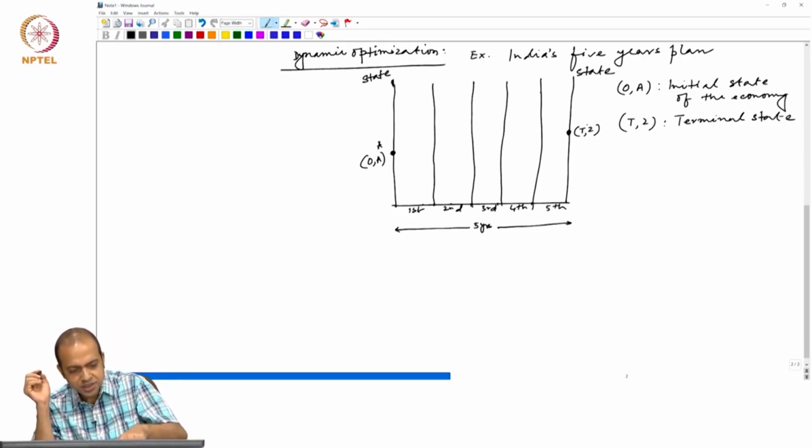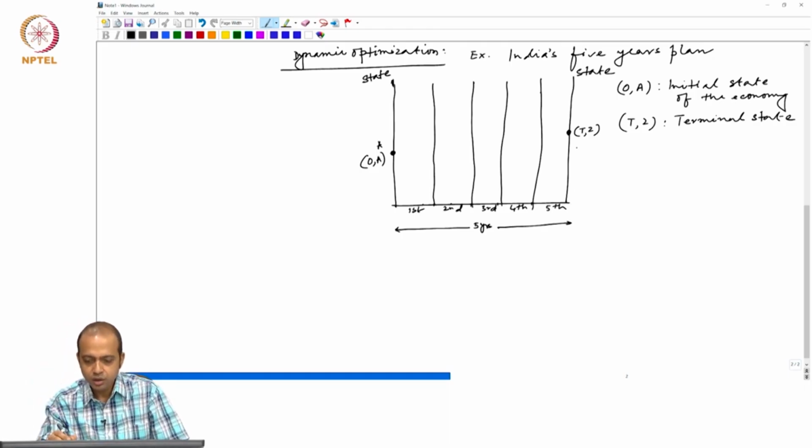So, the economy started with A amount of capital at the initial state, and then the economy achieves Z amount of capital stock at the terminal state, after the Tth period. So, 0 A and T Z indicate the initial state and terminal state of the economy.